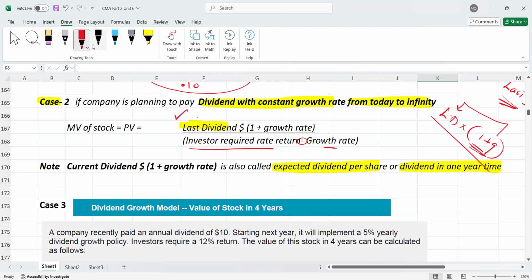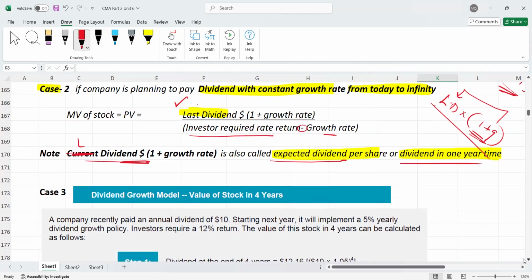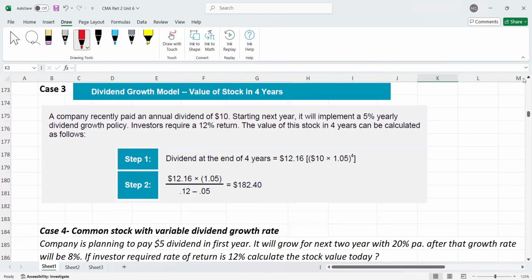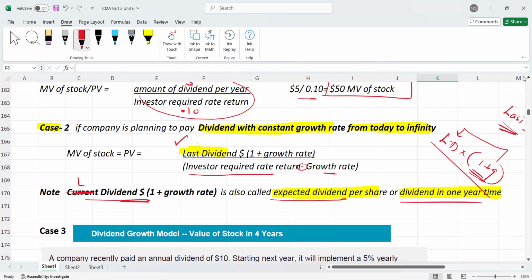As I have already explained, last year dividend into 1 plus growth is called expected dividend per share, or dividend in 1 year time. Let's have a look at an example, because this is case number 3.